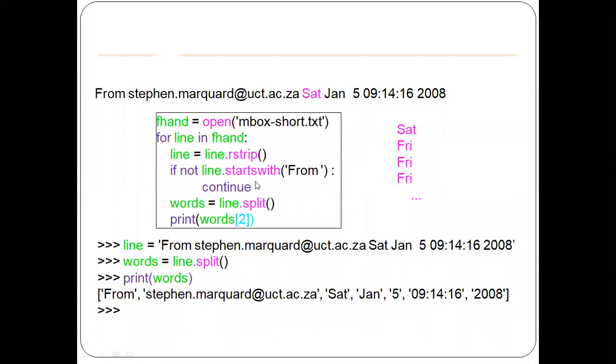But if it starts with 'From', what you are doing is splitting it into multiple values. What is that? 'From' is one word, the entire email address is another word, 'Sat' is one more, 'Jan' is one more, '5' is one more, '09:14:16' is another word, and '2018' is another word.